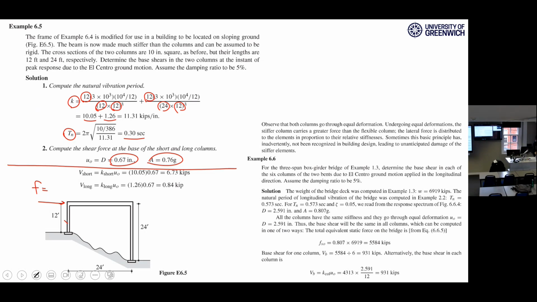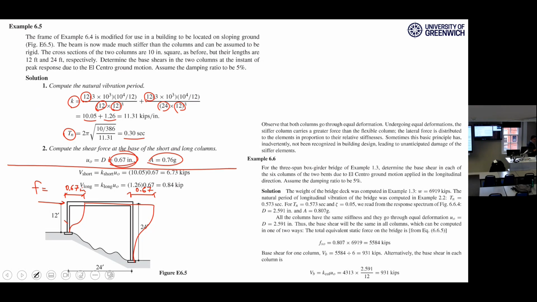The second approach is that the maximum deformation is this one. This is the maximum deformation during the earthquake. What does it mean? It means that this deformation will occur, and the slab is rigid here, keep in your mind. This is 0.67 inch, and this is 0.67 inch. The deformations are the same because the slab is rigid.